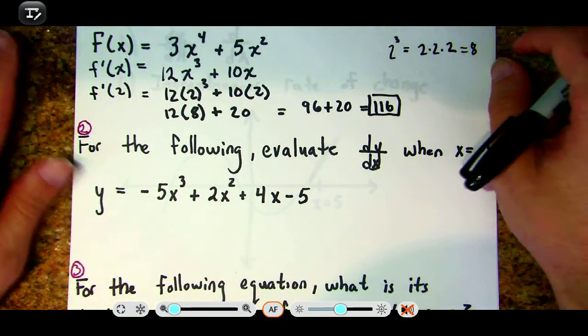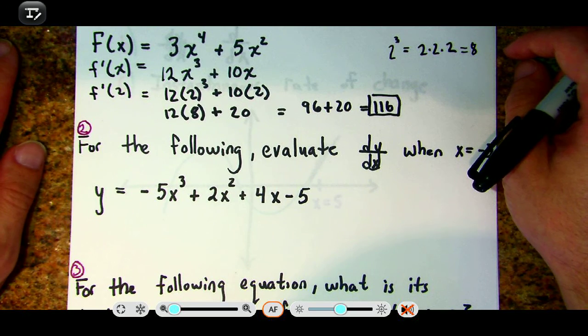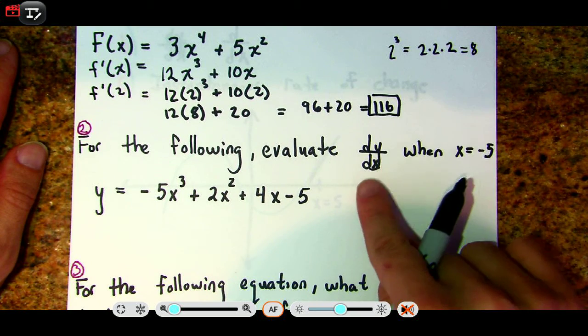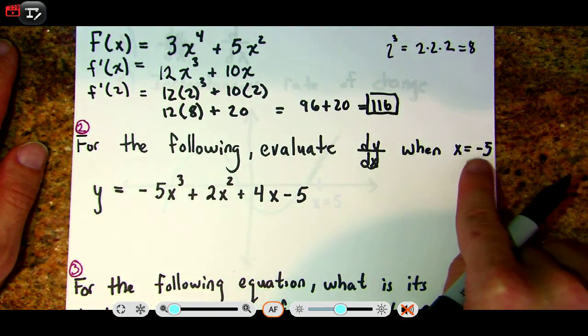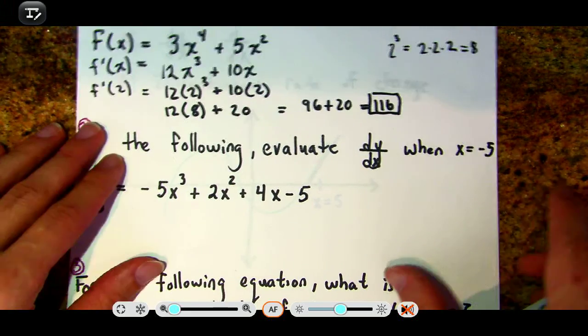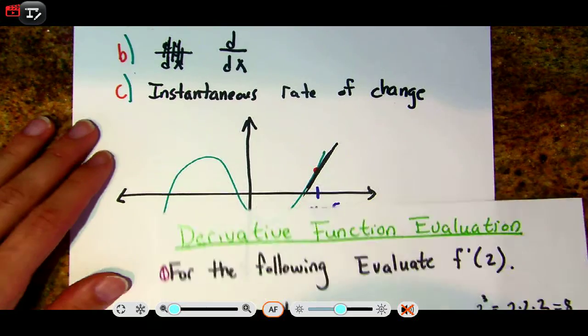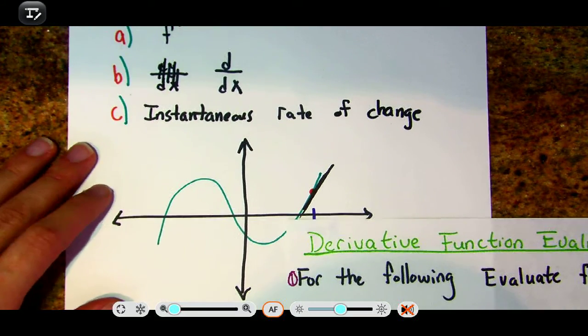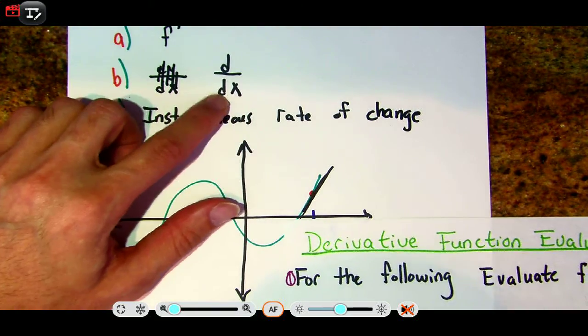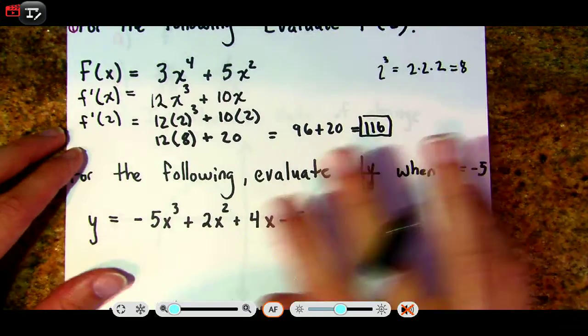Here it's saying, for the following, evaluate dy dx when x is equal to negative 5. And here, what I showed you previously, another way of stating that you want to find a derivative is taking d dx. So it's not to freak you guys out.